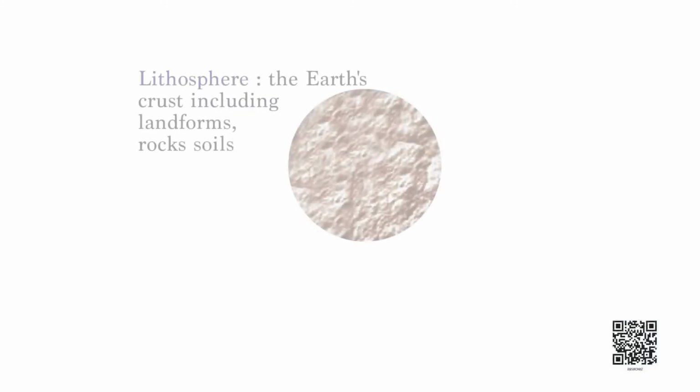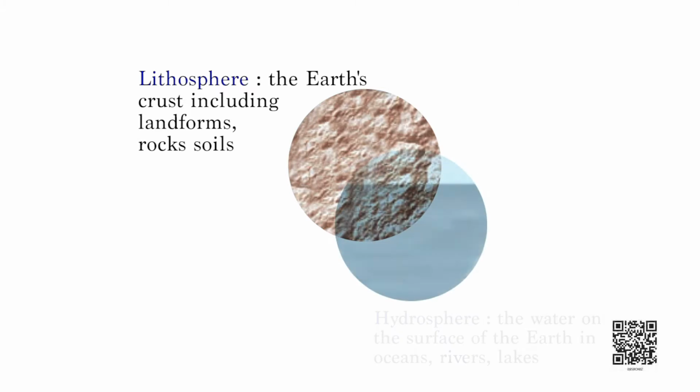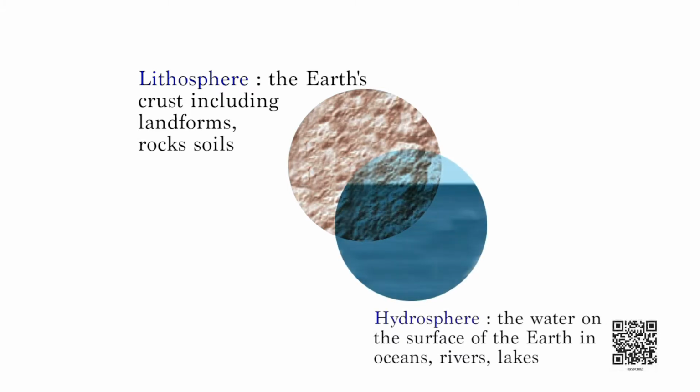Natural vegetation and wildlife exist only in the narrow zone of contact of lithosphere, hydrosphere and atmosphere, which we call the biosphere. The lithosphere is the earth's crust, which includes landforms, rock and soil. The hydrosphere is the water on the surface of the earth in oceans, rivers and lakes.